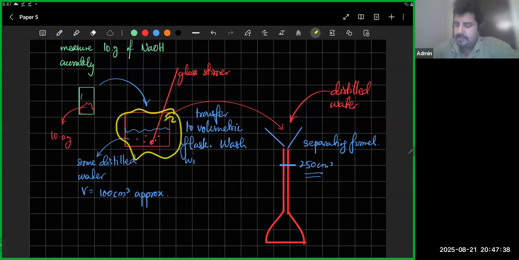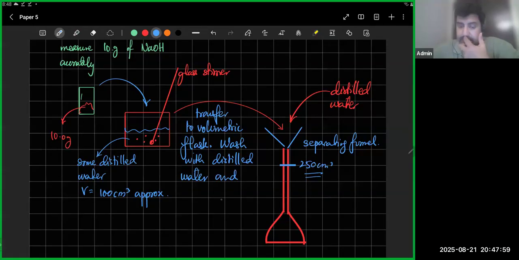You're going to wash the beaker and throw the washings into the volumetric flask over here. So transfer to volumetric flask, wash with distilled water and add the washings. See, other things, you get big questions on this.